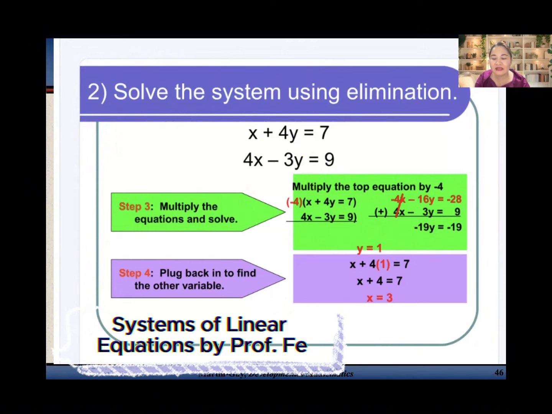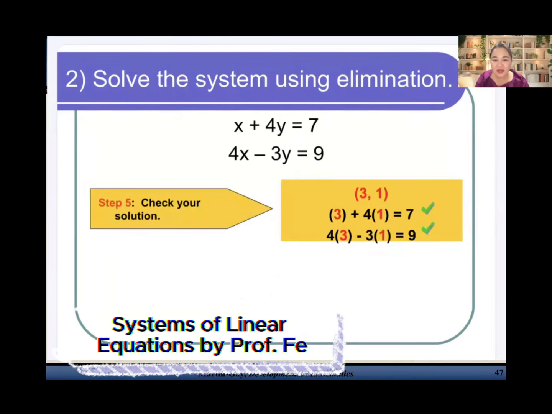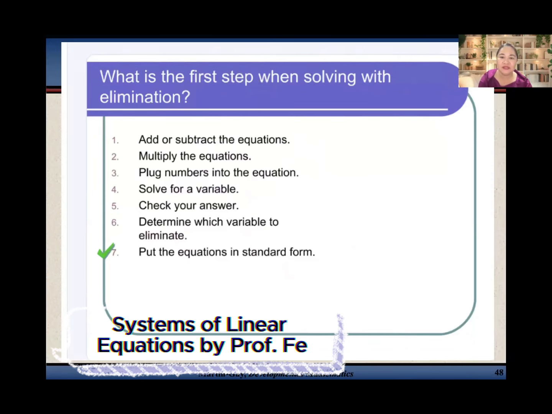Just copy the second equation: 4x minus 3y equals 9. Eliminate x. You come up with negative 19y equals negative 19. Then y equals 1. Then substitute back the value of y in the first equation. So we have x plus 4 times 1 equals 7. x equals 3. Okay, and then you can check the solution.